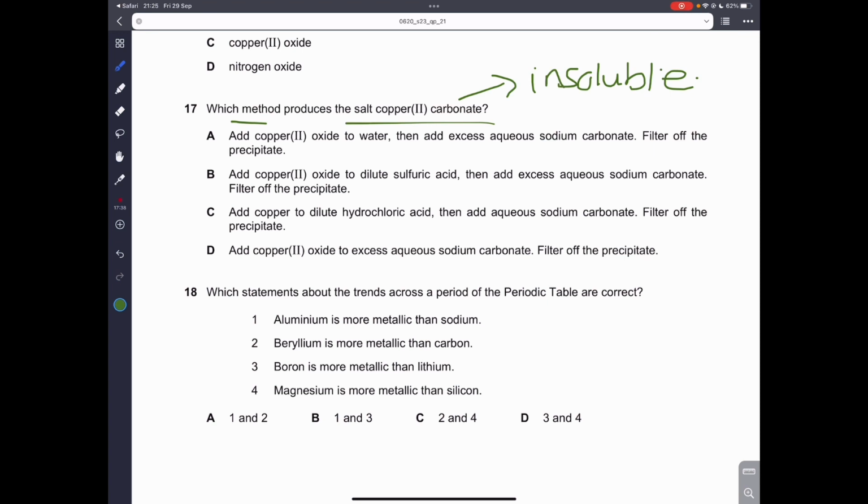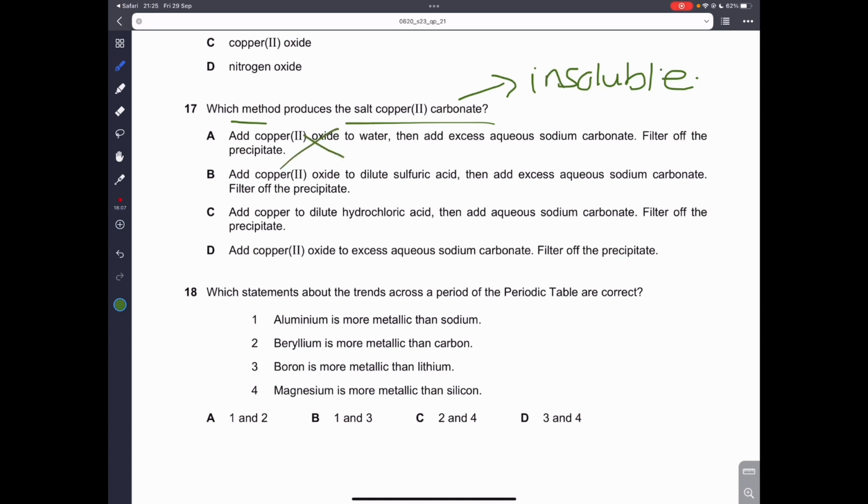So let's see the method. Statement A says add copper-2 oxide to water and then add excess sodium carbonate, then filter off the precipitate. Now copper oxide is not soluble in water, right? So A cannot be used.